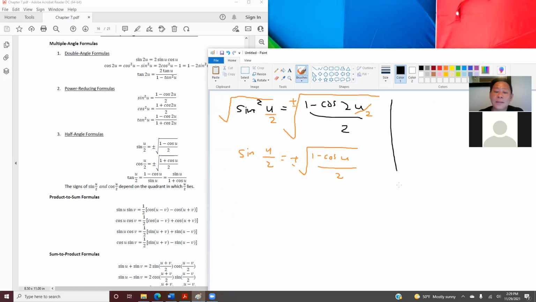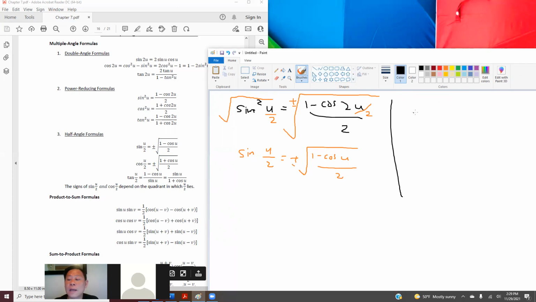The same thing happens with the cosine one. You use the power reducing for cosine, so you have cosine squared u equals 1 plus cosine 2u over 2. Since you want it to be a half angle, I cut this into 2, and then I'll take the square root of this to get rid of the square.